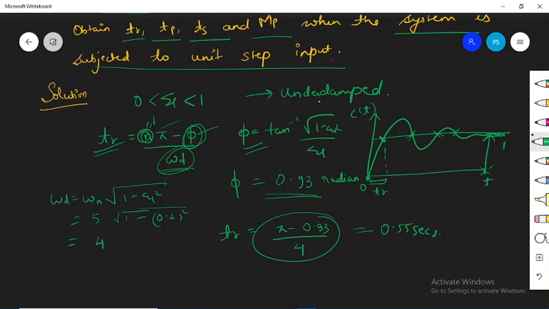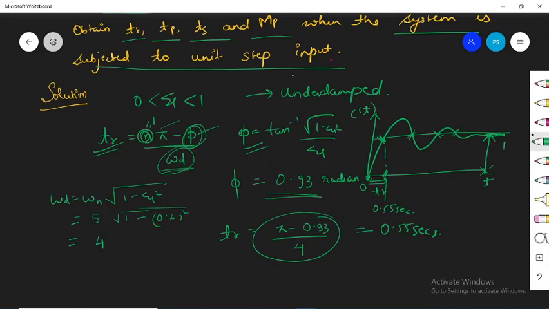That means the time taken for the output to reach 100% of the final steady state value for the first time, this time period, is going to be 0.55 second.